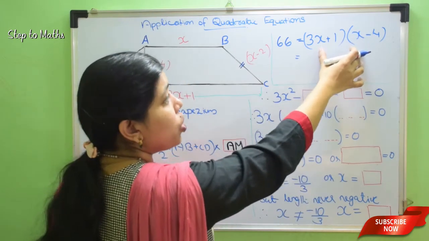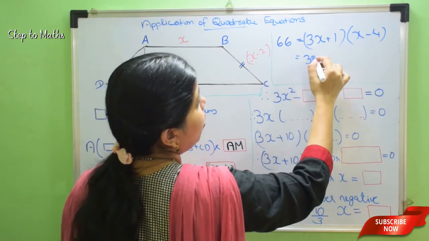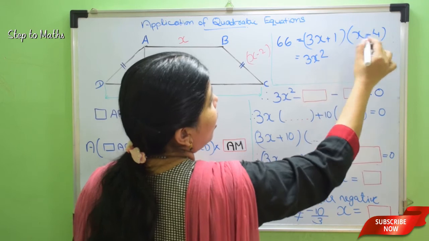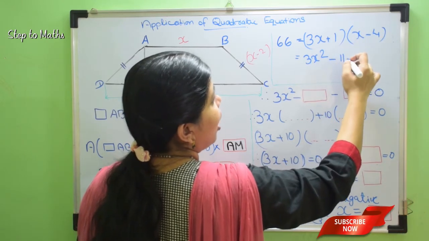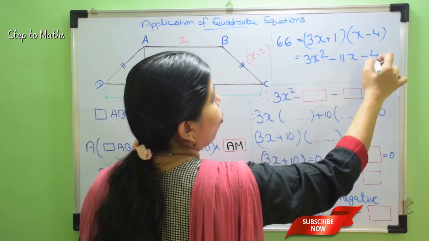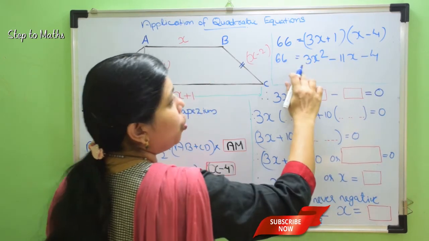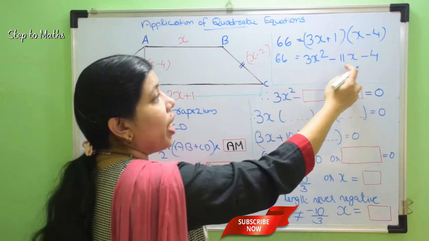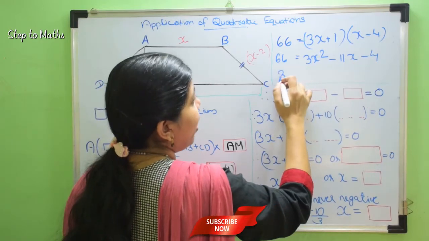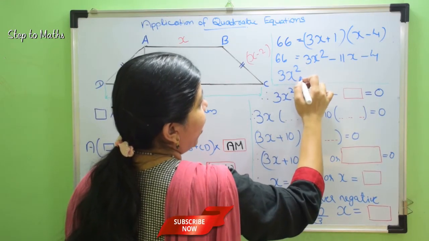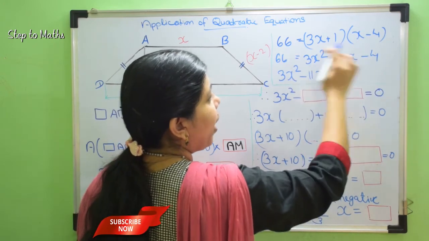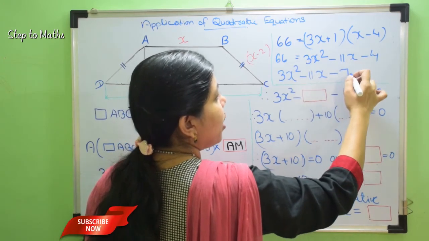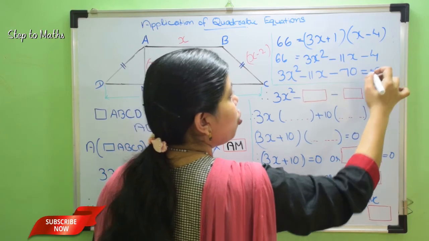Find the product of these two terms. It becomes 3x square minus 12x plus x, that is minus 11x minus 4. 66 equal to 3x square minus 11x minus 4. So, we can write it as 3x square minus 11x minus 4 minus 66 is minus 70 equal to 0.